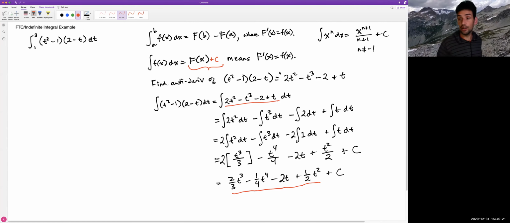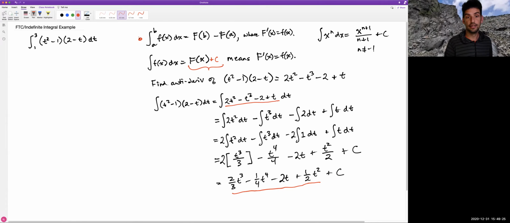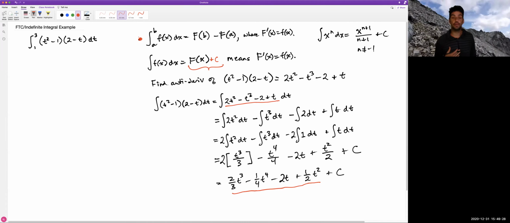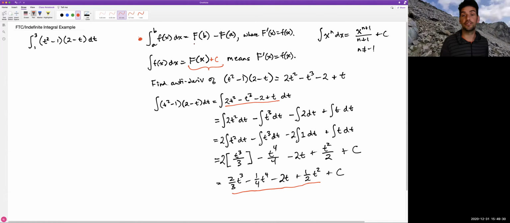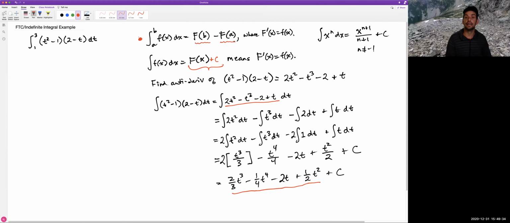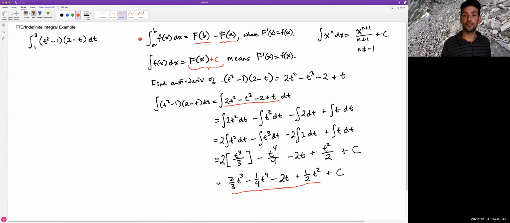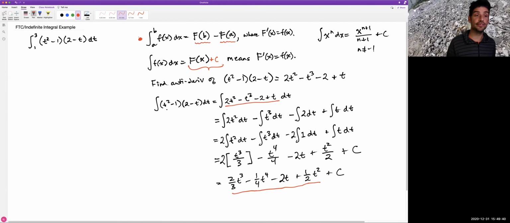So we usually write plus a constant, and C is the traditional letter to use, okay? So now that we've found an antiderivative, we can apply the fundamental theorem, right? Because that's what the fundamental theorem tells us. If we have an antiderivative, we can evaluate it at the endpoints and take the difference.